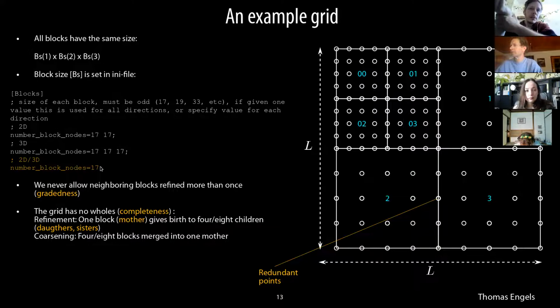And so the balance that we strive for here: a smaller block size means that the grid contains fewer points overall, but at a higher cost per point, because we have more blocks to handle. We have more MPI communication and so on. A larger number reduces this cost, but it also increases the number of points.